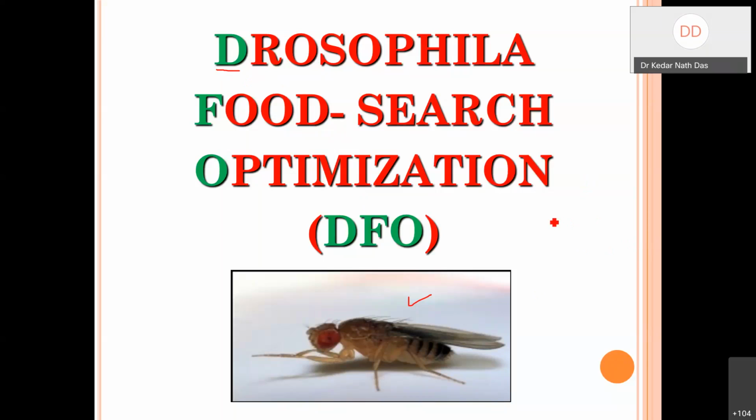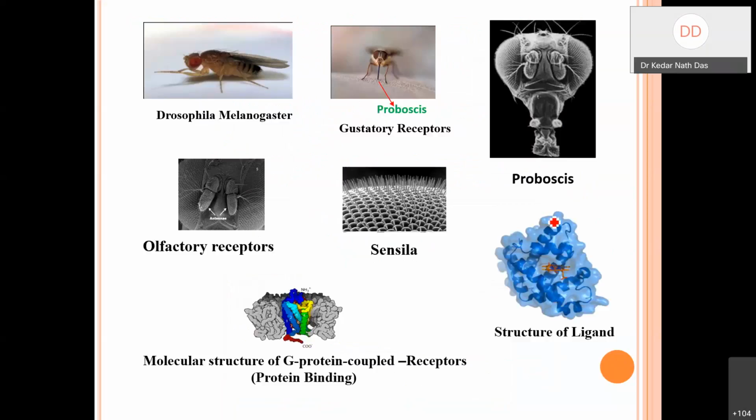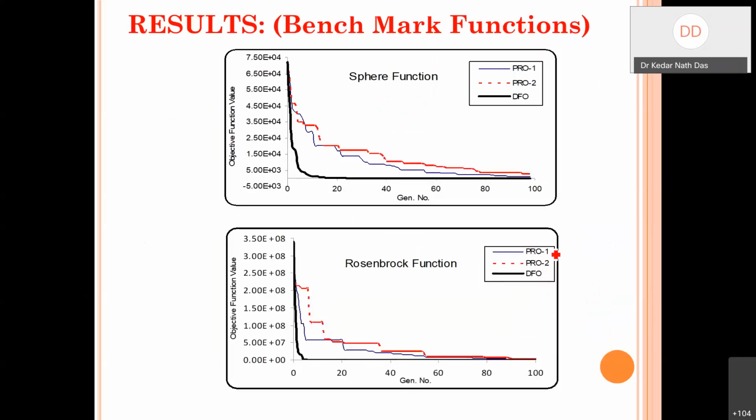This paper, DFO, is based on the many techniques by which it smells out through its proboscis and goes to the sensilla, which has its sense to observe the food. This legend is the food amount available outside, which is grasped easily through the proboscis into the olfactory receptor, and based on this it takes a decision on which food it should move to.